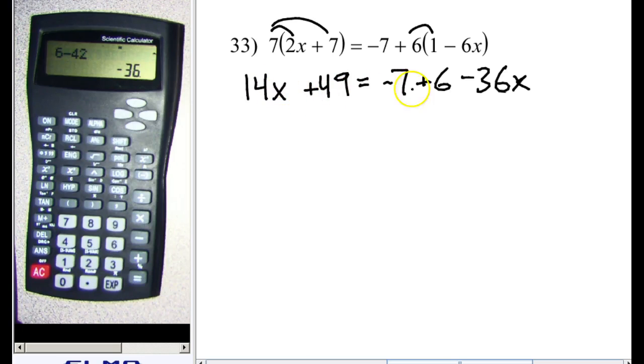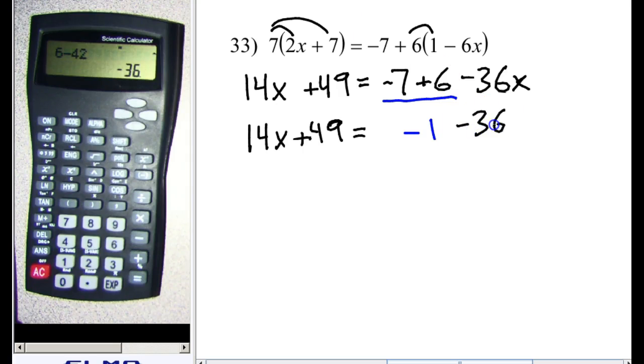Can't do any simplifying. Here we have two numbers. So we're going to rewrite everything and just simplify that one little part. 49. And then we have 6 minus 7, which is negative 1. And copy down the rest. All that was just to rewrite 6 minus 7 as negative 1.